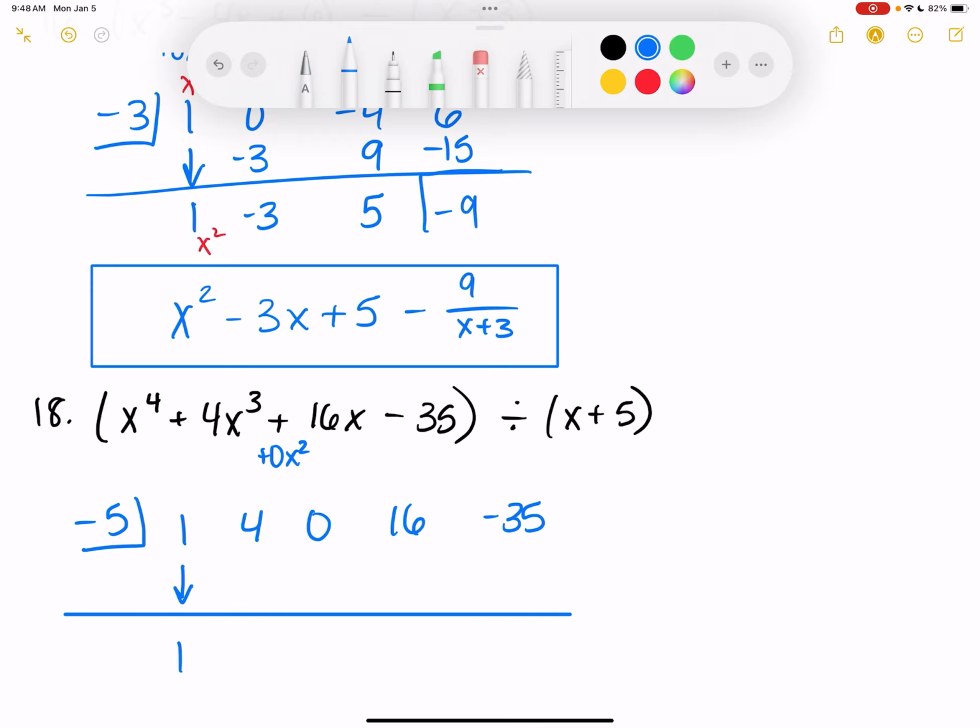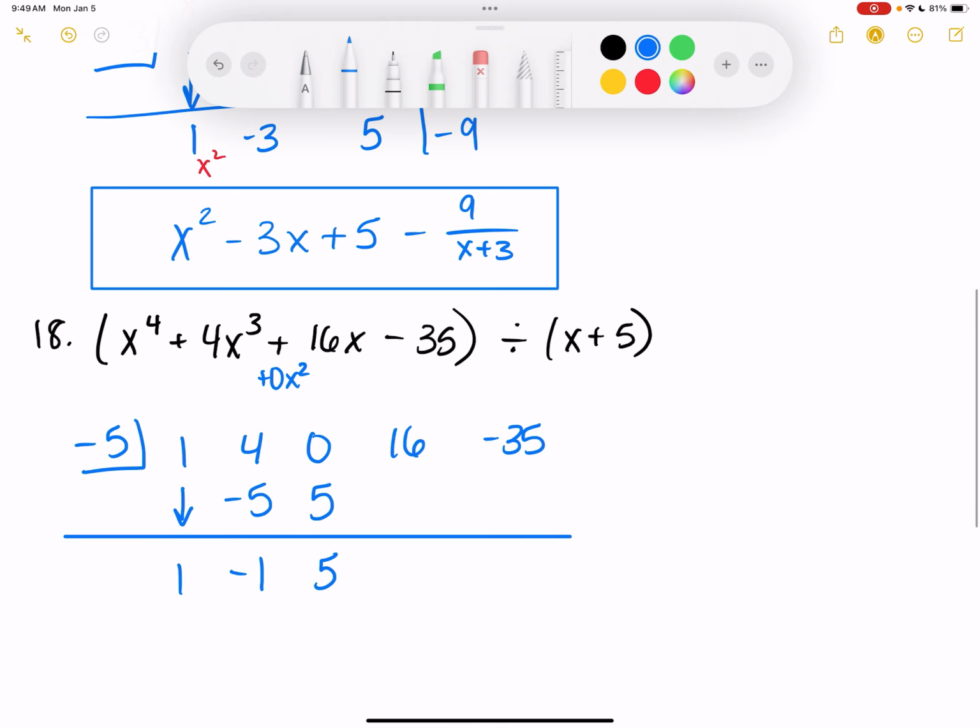Bring down the 1. 1 times negative 5 is negative 5, plus 4 is negative 1, times negative 5 is positive 5, plus 0 is 5, times negative 5 is negative 25, plus 16 is negative 9, times negative 5 is positive 45, minus 35 is positive 10, which is my remainder.